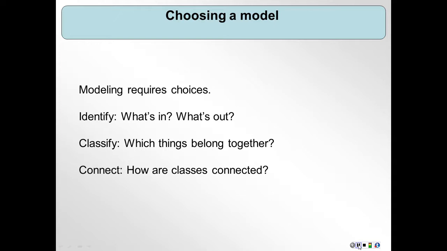First off, the evaluator must identify things, basically in terms of what to put in the model. Identify things that are relevant, needful, and have some utility, and what's out, things that are irrelevant or not needed.